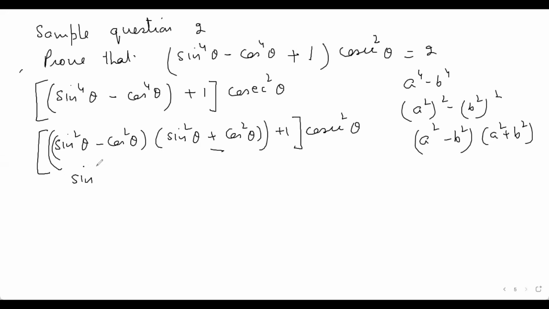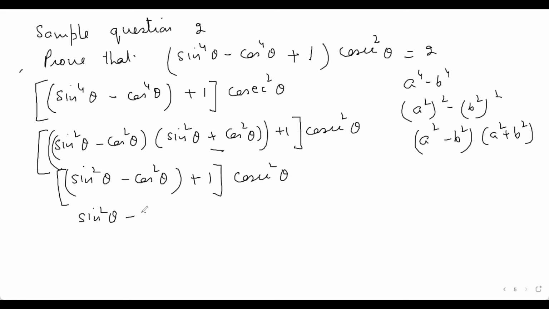So I'll have (sin²θ − cos²θ + 1) in bracket, cosec²θ.